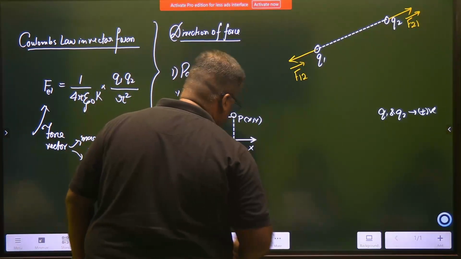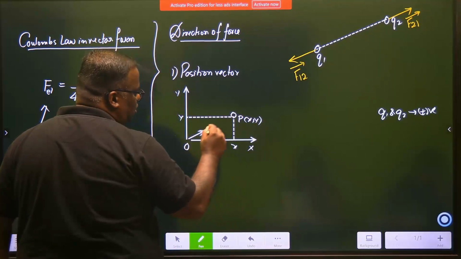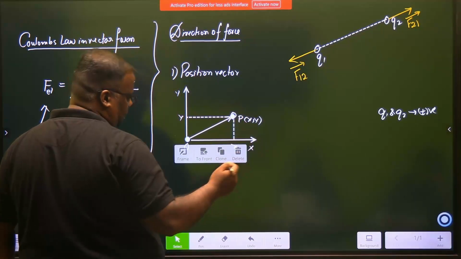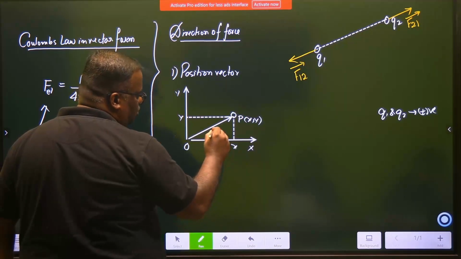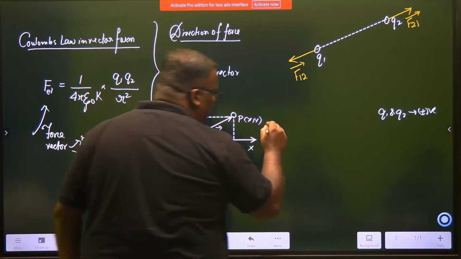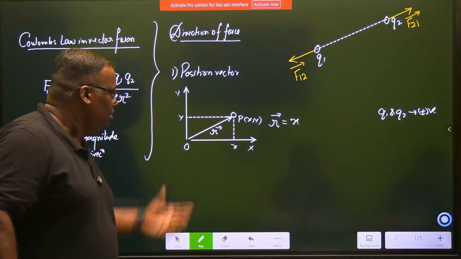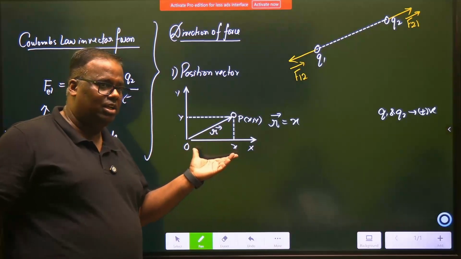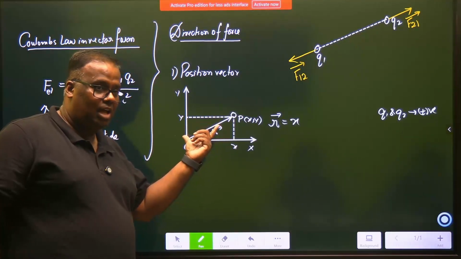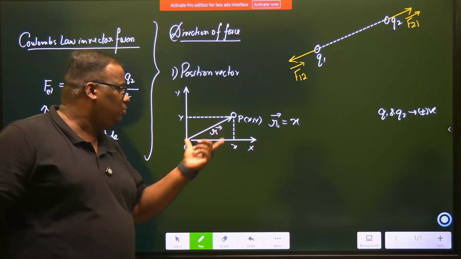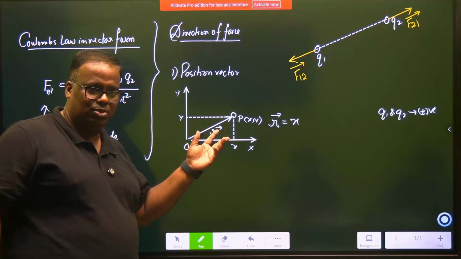To represent it in vector format, we will have a position vector. This is the position vector, so I call this my position vector R. And my position vector R is equal to, now what is R? Just try to think. R will be a hypotenuse, which will be the square root of x square plus y square.